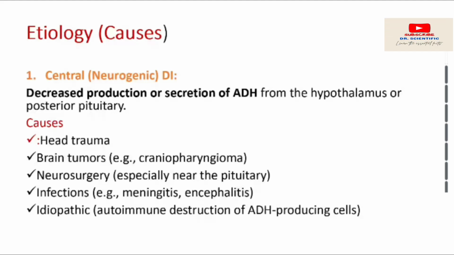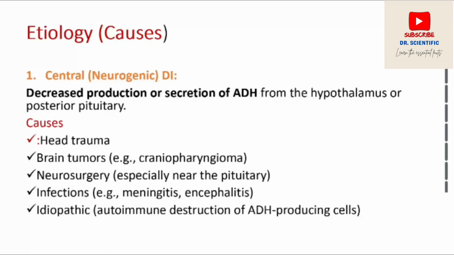So central DI is a decreased production or secretion of ADH from the hypothalamus or posterior pituitary gland. The hypothalamus is the one which secretes ADH, and the posterior pituitary gland is the one which stores and then releases this ADH.